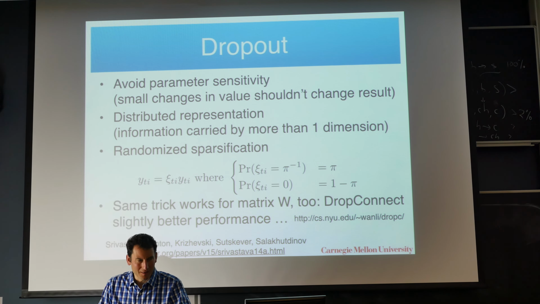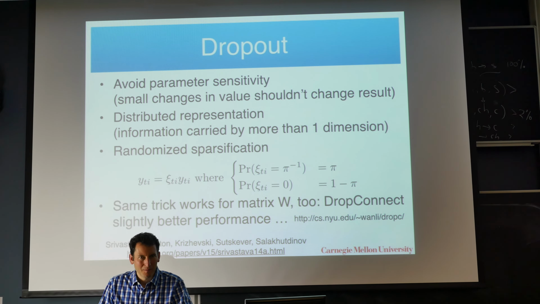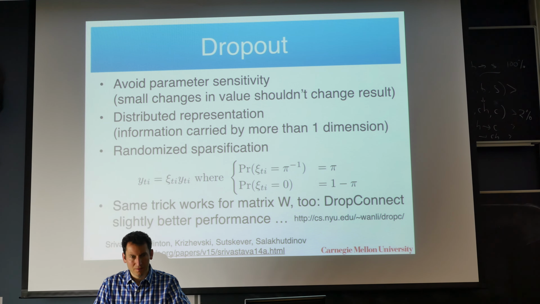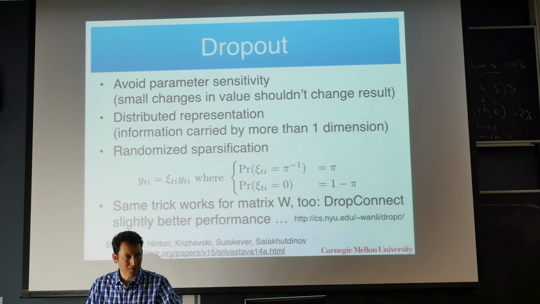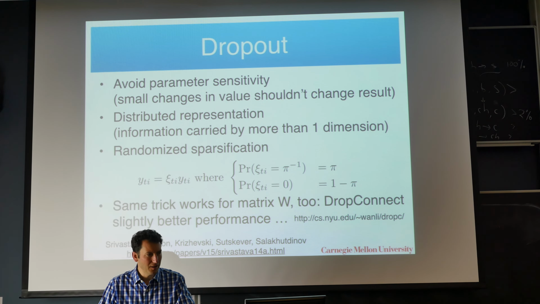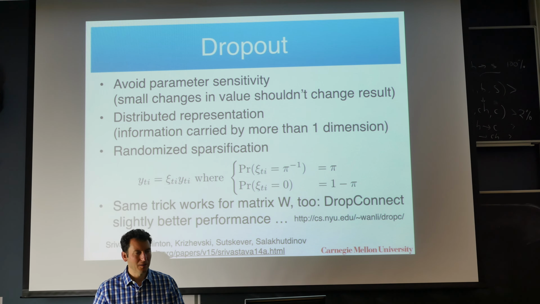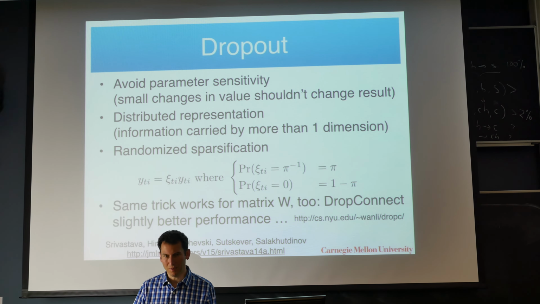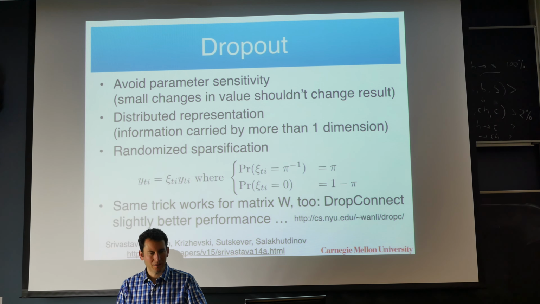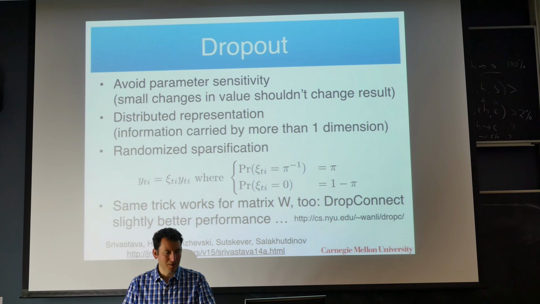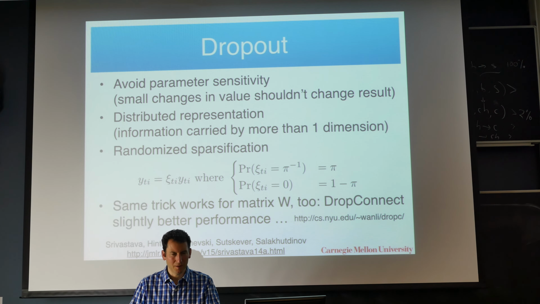Here's what it really does, and you really need to remember that one slide and nothing else. Basically, what you want is to prevent over-adaptation of the subsequent layers to very specific parameter values. And you can do that by perturbing what gets transmitted to the next layer. You can do this in multiple ways. The first one would be to just add some noise, and this is basically the Bishop paper.